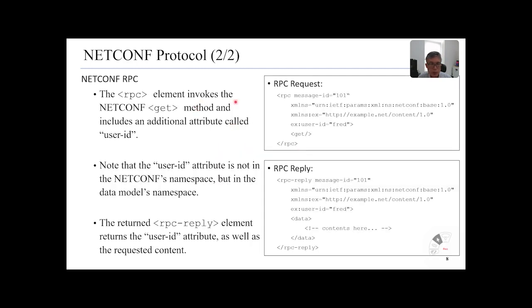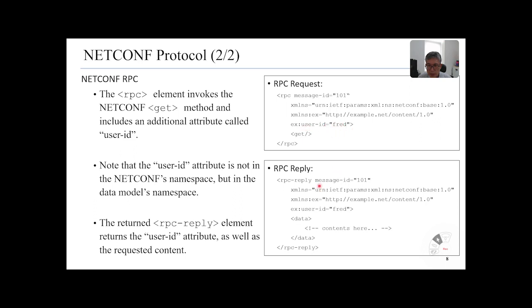So here we can see the NETCONF RPC request and the reply. RPC request, remote procedure call, right? Eventually we want to deliver the get message. The parameter is user ID pred.